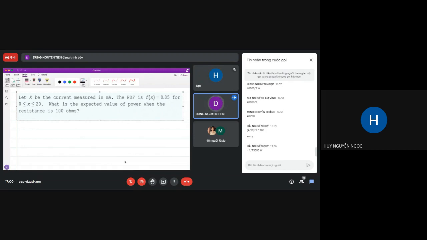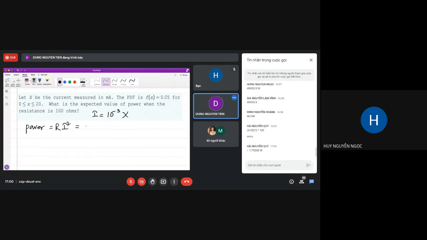Well, this is what you can do. The expected power. What is the power? The power is R times I squared, and I is the current measured in ampere, and that is 10 to the minus 3 times x, right?